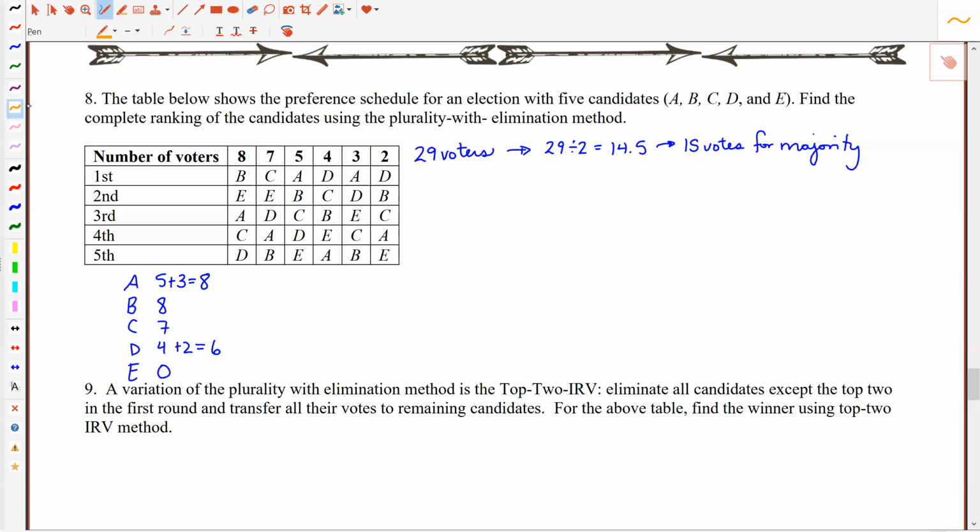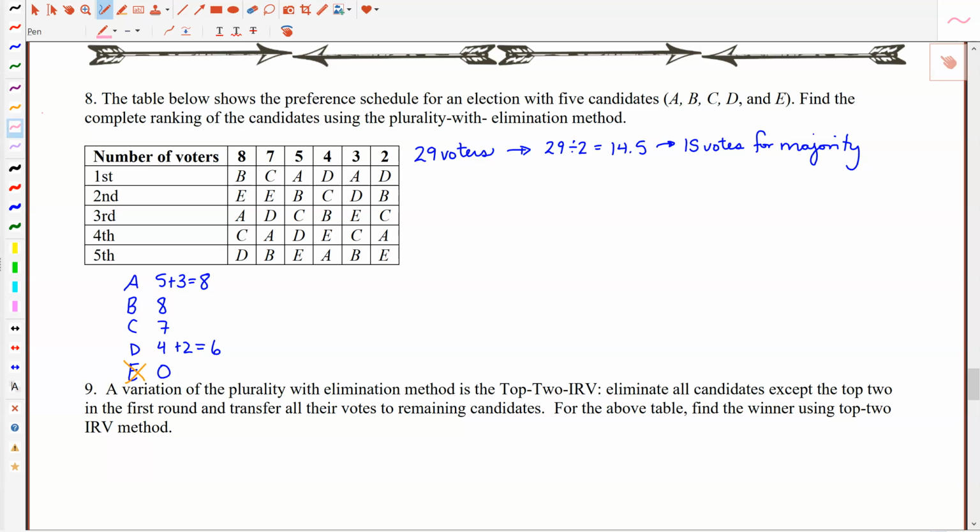So then we would eliminate the person with the fewest first place votes. Now technically in round 1 it would be E, which would be eliminated because they have 0. But if I went on to the next round, notice that none of these numbers are going to change because there would be no votes transferred to anybody else. So immediately I can eliminate the person that has the next fewest first place votes.